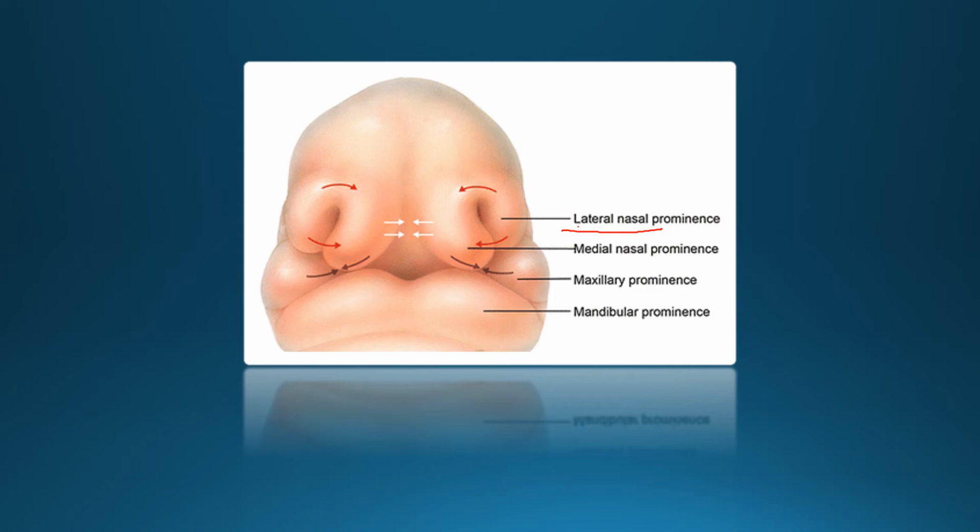So that is formed from the medial nasal prominence. And when the olfactory pit goes deeper, the median nasal prominence thins out and becomes the nasal septum. We can call it the primitive nasal septum.